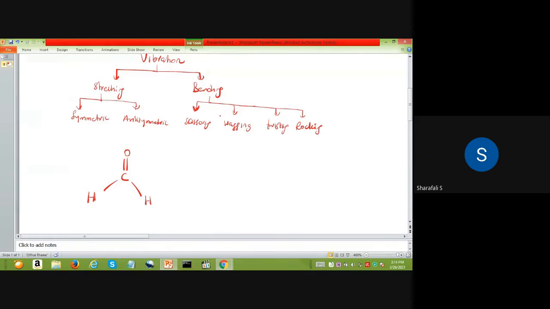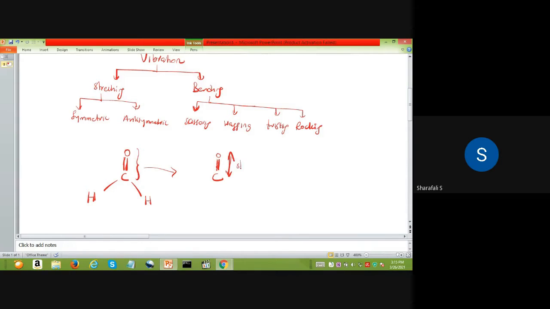So if you consider this carbonyl group, this C double bond O carbonyl group, I'm talking about this CO group here. This CO group, which is double bonded, I'm just showing as a single bond for some modes of vibration. This molecule can have a stretching mode of vibration, so they will go back and forth like this.